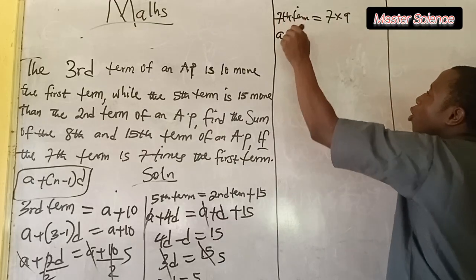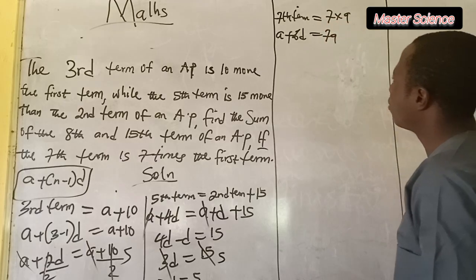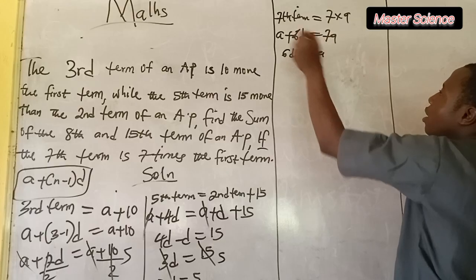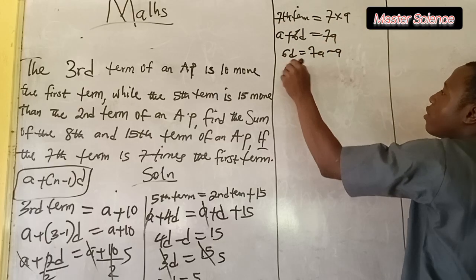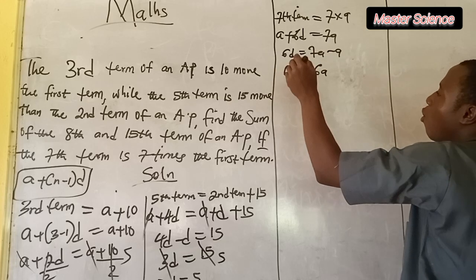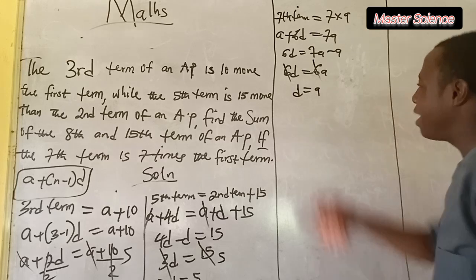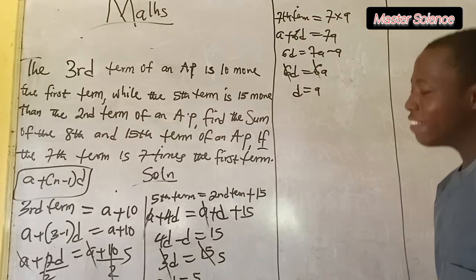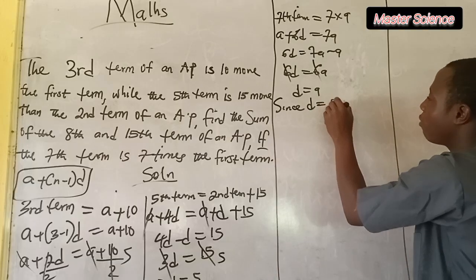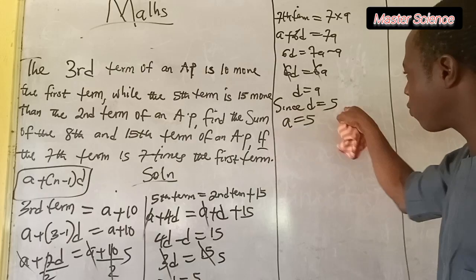So A plus (7 minus 1) D, that is A plus 6D, equals 7A. Collecting like terms, 6D equals 7A minus A, which is 6A. 6 is common, so divide and cancel 6. So D equals A. Since D is 5, A is also 5, because D equals A. So D is 5, A is 5.